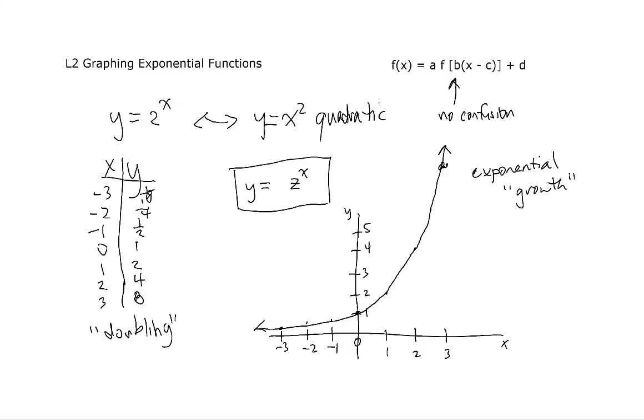And there are only a couple of key features here for y equals 2 to the x. Let me emphasize this maybe with different colors. Here are some key features. Number one, it definitely has a y-intercept, and it happens to be (0, 1). Not always, but for this one it is (0, 1), right?